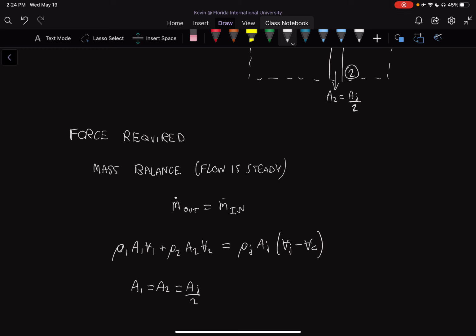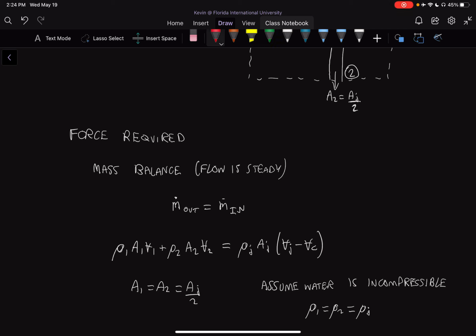And we're also going to assume water is incompressible. If we assume water is incompressible, we're going to say rho 1 is equal to rho 2 is equal to just rho J. Our rhos are going to be constant throughout. So we can rewrite the above equation.